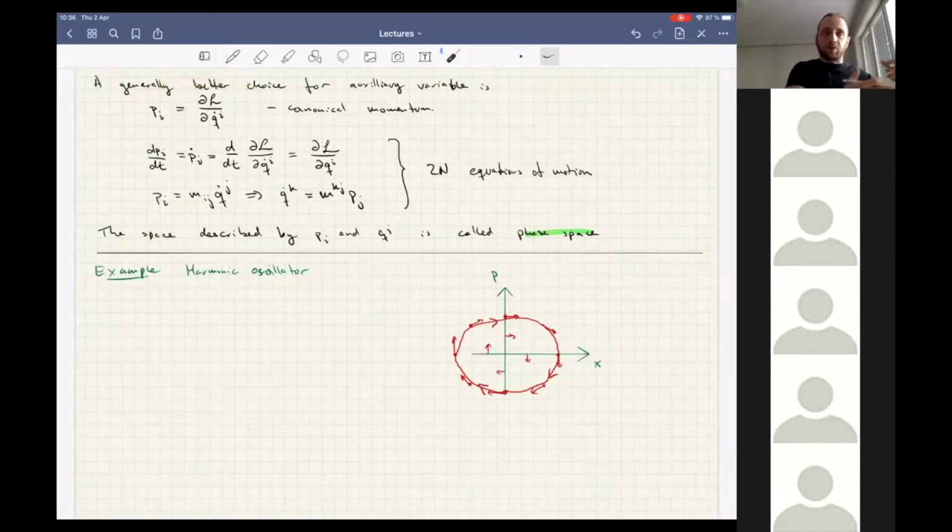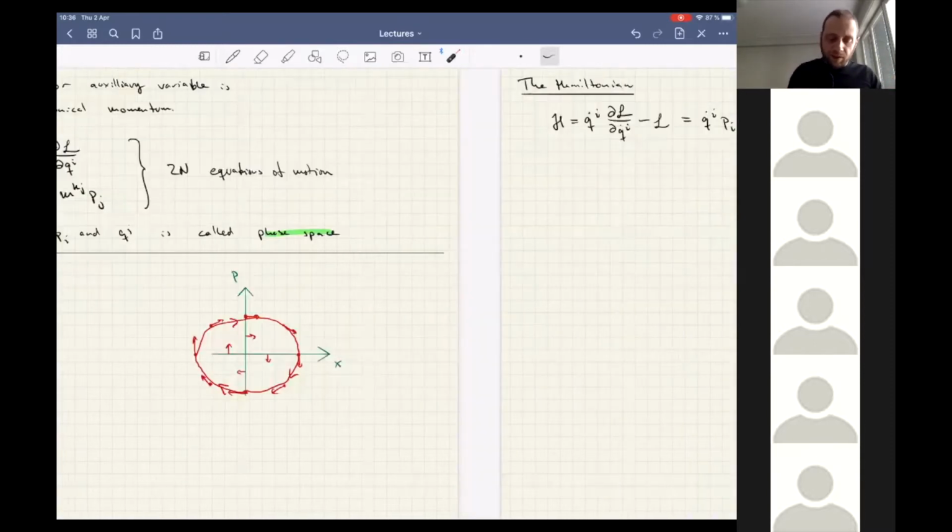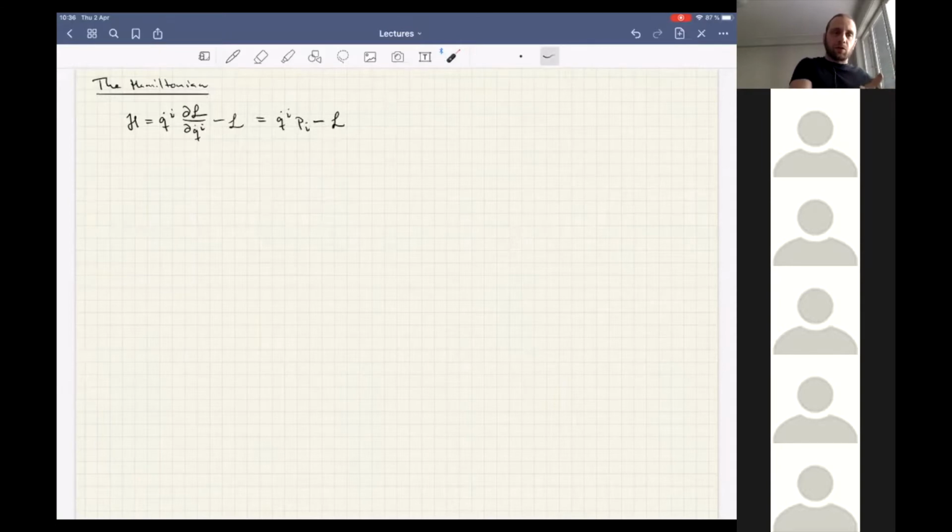And then the Hamiltonian is just going to be a function of p, q, and possibly time dependent as well. So this is a function on phase space.